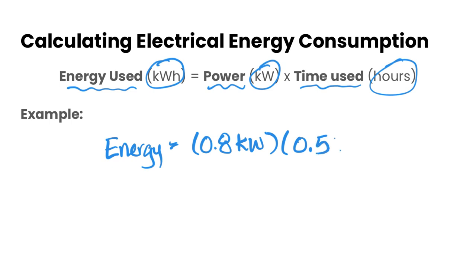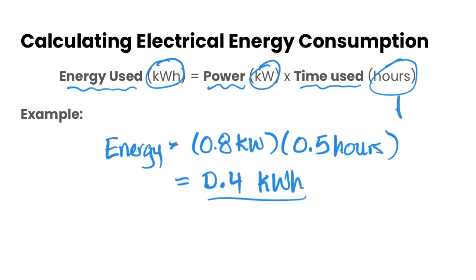So that's 0.5 hours. And if we did that, we would get an energy of 0.4 kilowatt hours. The most important thing to remember here is that your time does need to be in hours. So if it's in minutes, you do need to convert that into hours before you do this calculation.